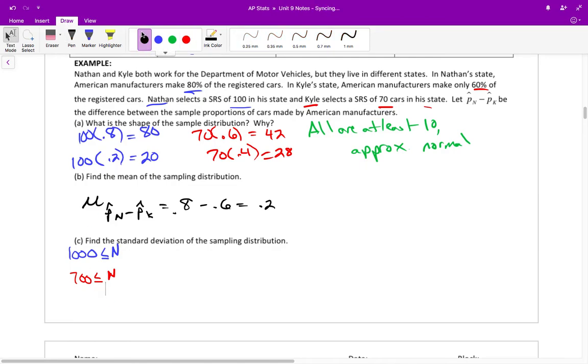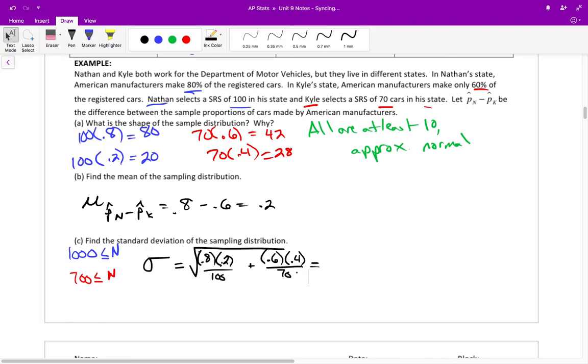Okay, now for the actual equation itself, we're going to say that our standard deviation is equal to this. We've got to take P1, so 0.8 for Nathan, multiplied by 1 minus 0.8, so 0.2, and then divide by n, which was 100, plus now we're going to take our P for Kyle, so 0.6, multiplied by 1 minus 0.6, so 0.4, divided by our sample size, which is 70. And then just put all that into a calculator.